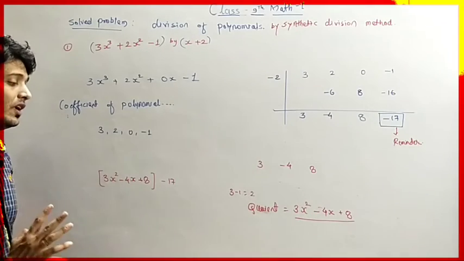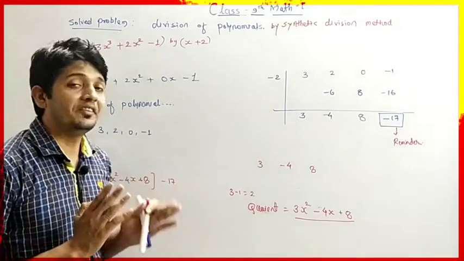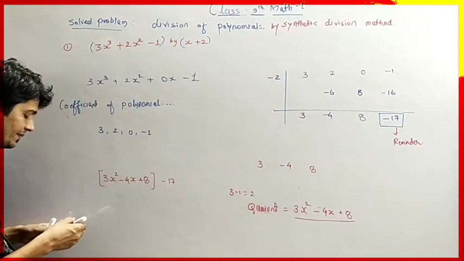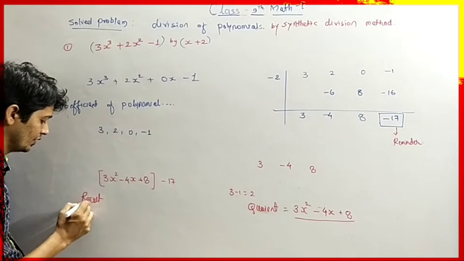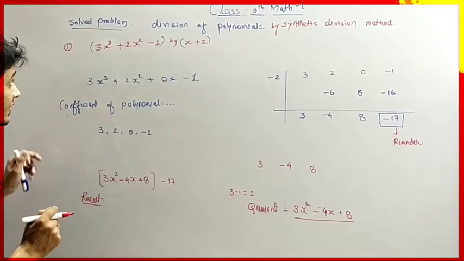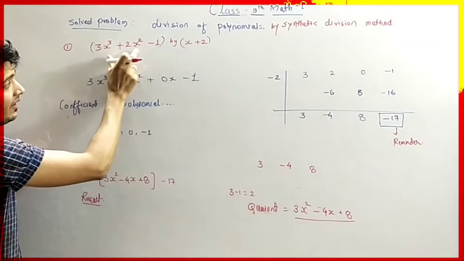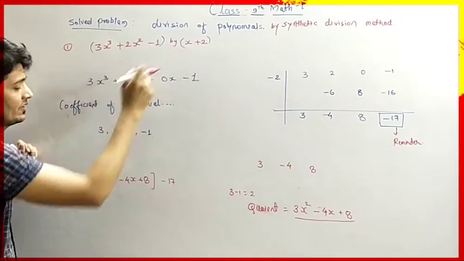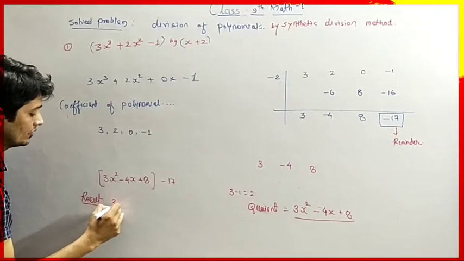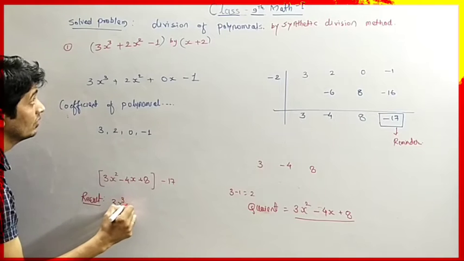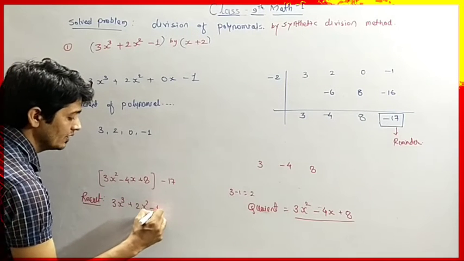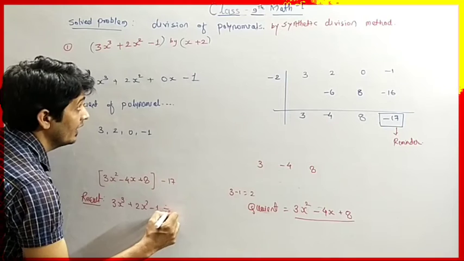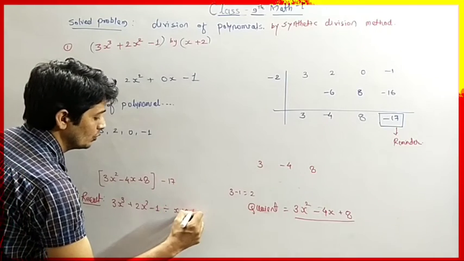So student, now we are going to write the result. So what will be the result? We are dividing this polynomial by this, so we have to write 3x cube plus 2x square minus 1 divided by x plus 2 equals.